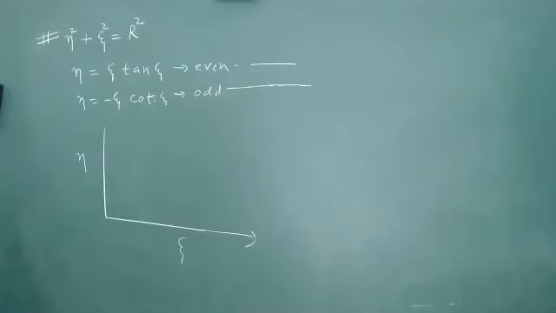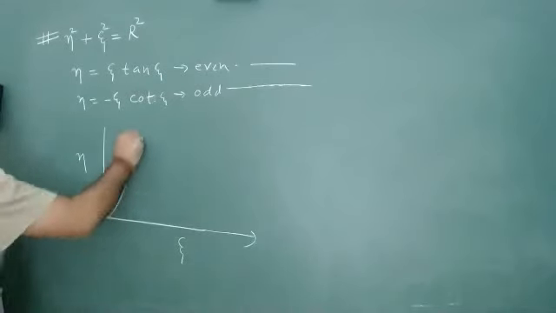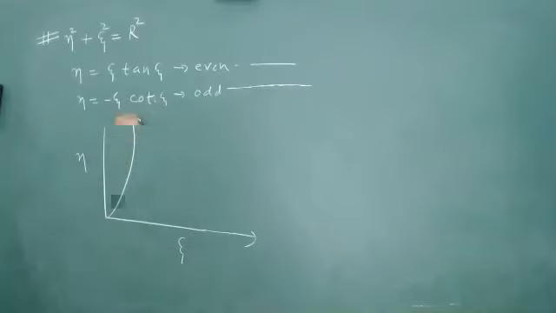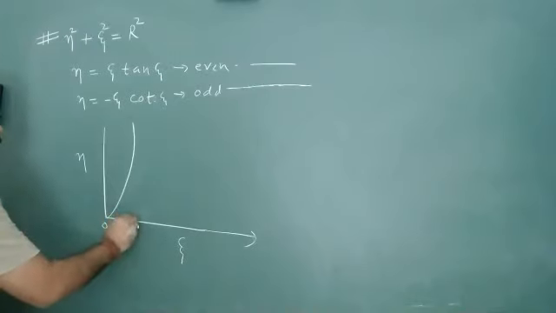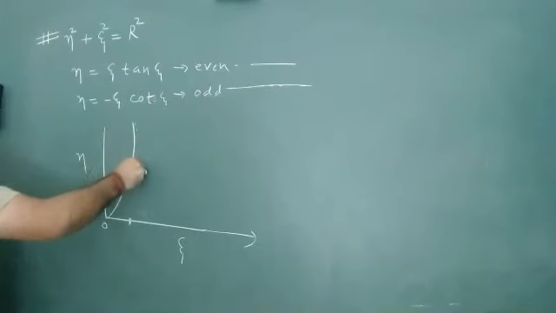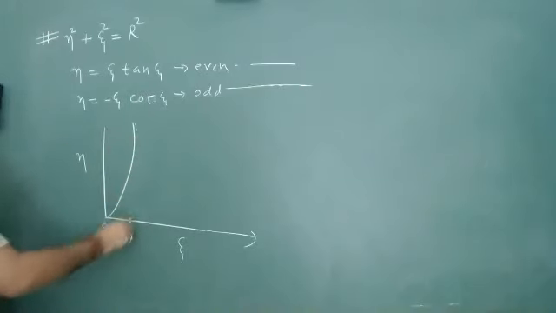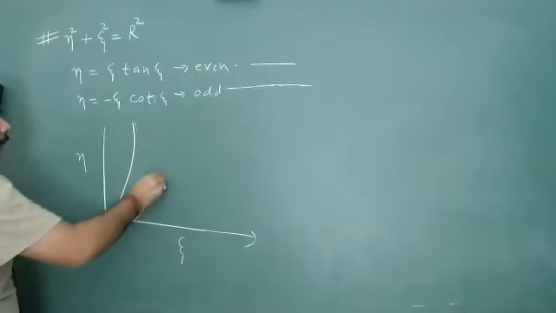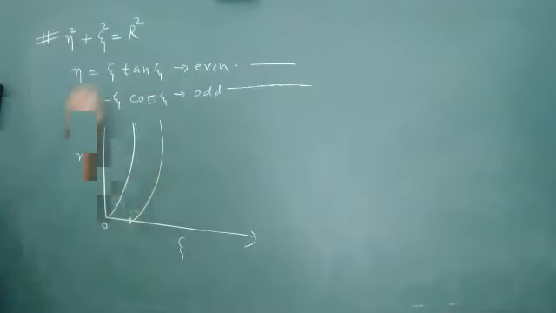Now the first branch will start, and this is the even branch. This will be 0, and at pi by 2 it is going to infinity. But you have the odd branch there.